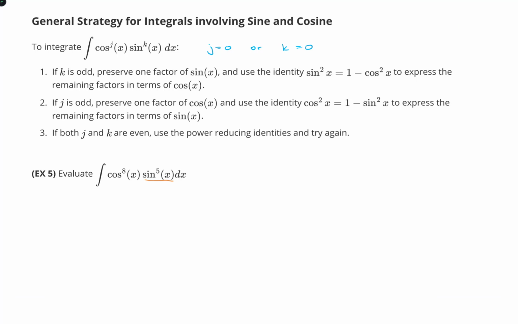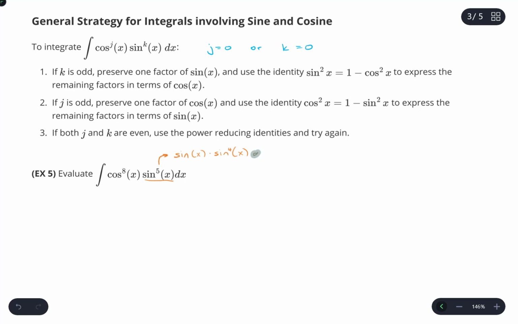Because we have an odd power here, what we can do is rewrite this as sine of x times sine to the 4th of x, and I don't really need to write the dx here. So I would change this in that way, and I'm preserving one factor of sine x for substitution later on.